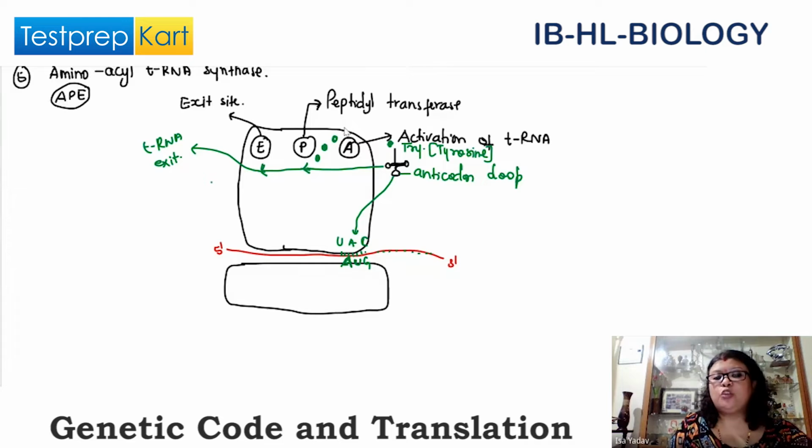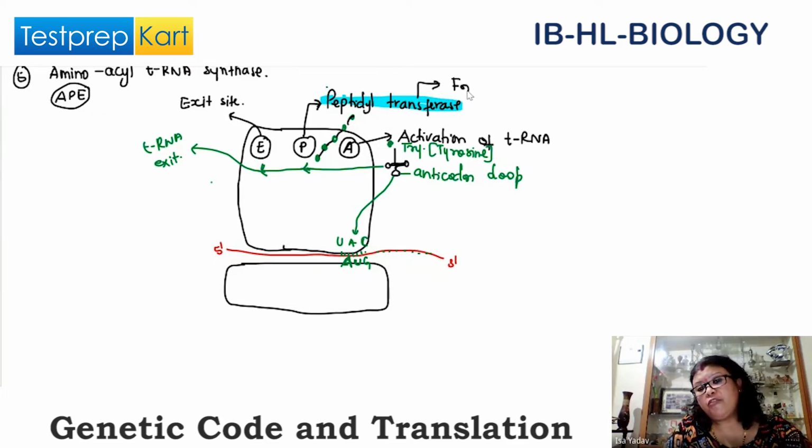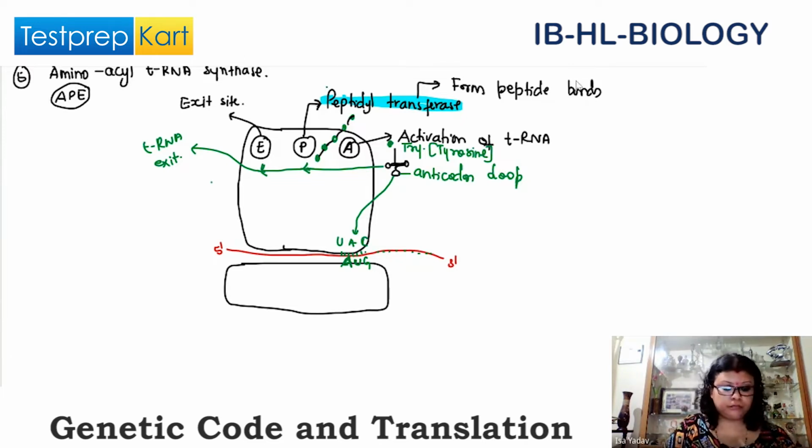So peptidyl transferase, this enzyme, is going to slowly form the bonds between the amino acids. They form peptide bonds and then they'll form a protein like this.